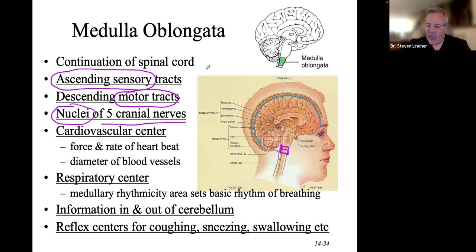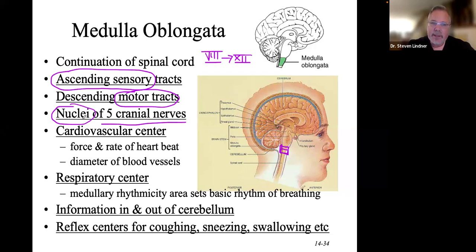Those 5 cranial nerves are cranial nerves 8 through 12. There are 12 cranial nerves. So cranial nerves 8 through 12, those nuclei originate in the medulla.